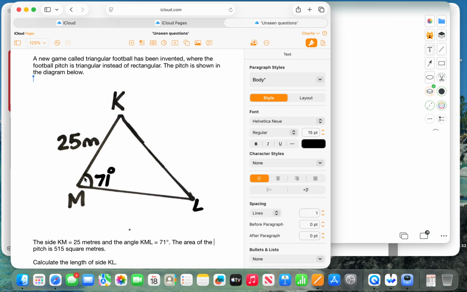Many pupils would just use the formula to find KL from the get-go, but there's one issue. Let's have a look at the formula sheet.